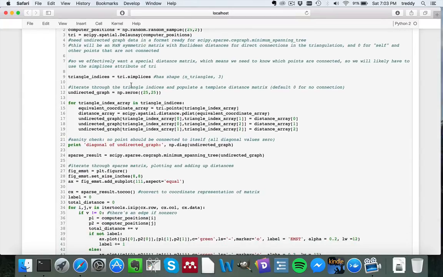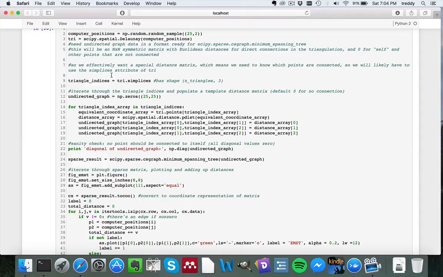To do this, to start off, we need this undirected graph, which has all of these distances, and this distance information will tell us which computers are connected and which ones are not. The initial triangulation data will have more connections than are needed, right?